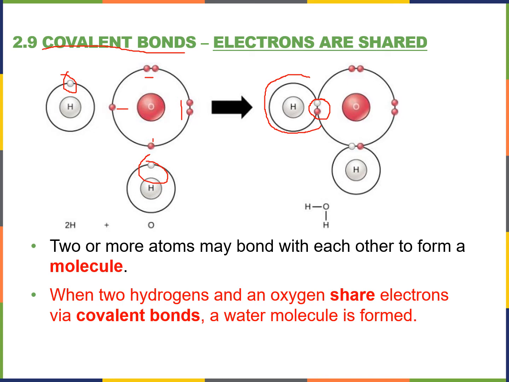At any other given instant, they're now in the valence orbit of oxygen, meaning it now has 8, meaning it is now happy. This sharing of electrons we refer to as a covalent bond. So whenever you see covalent, think sharing.